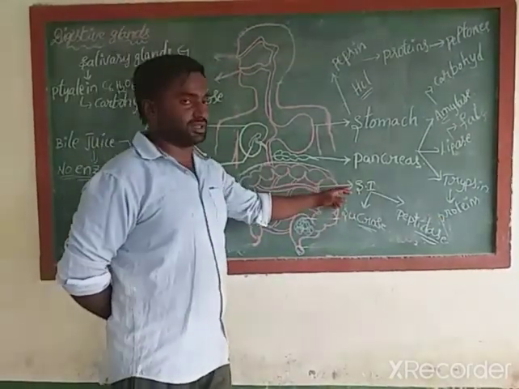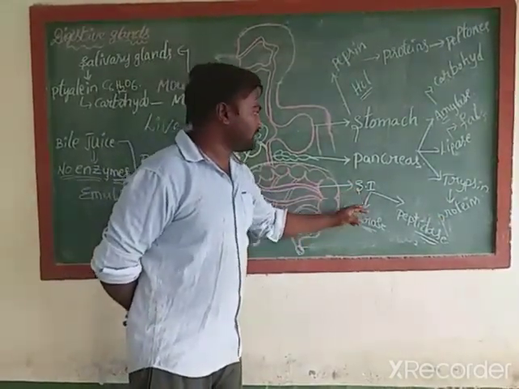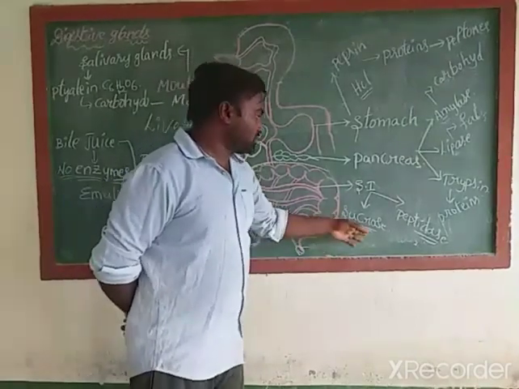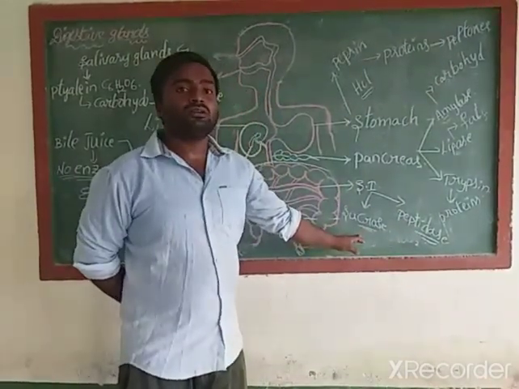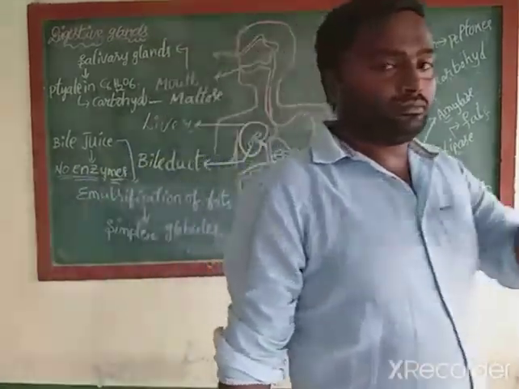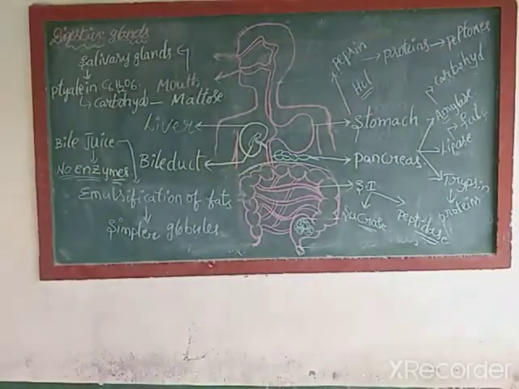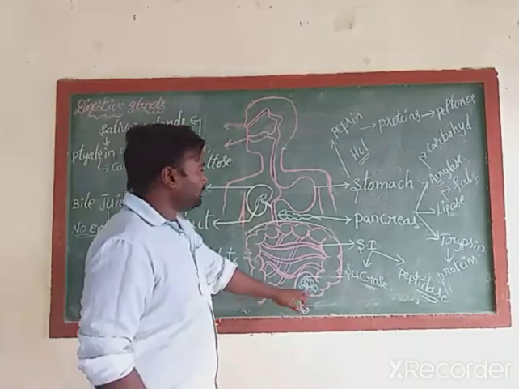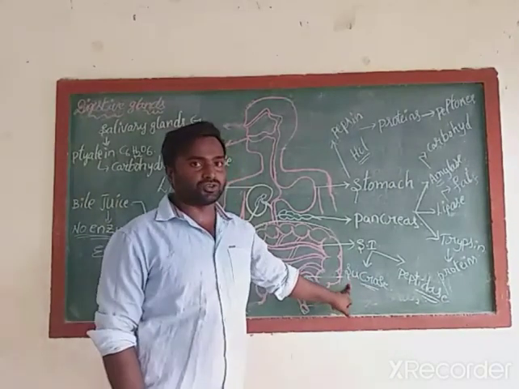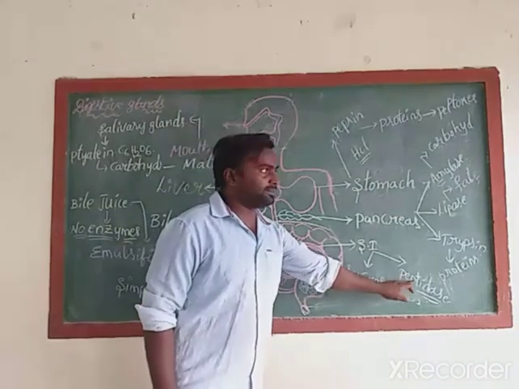Next, the small intestine. The small intestine releases two substances. One is sucrase, the next one is peptidase. Okay, children, the small intestine secretes sucrase and peptidase.